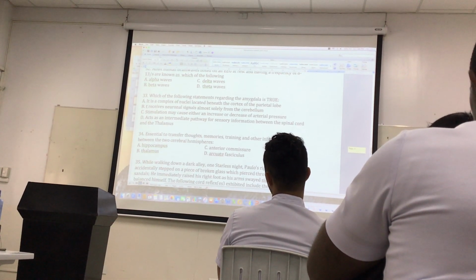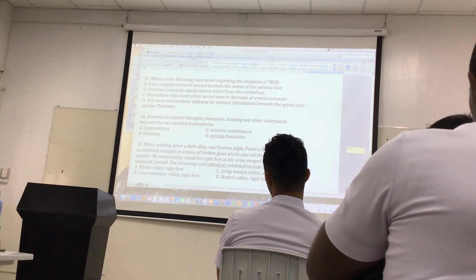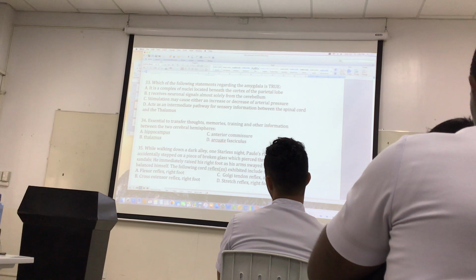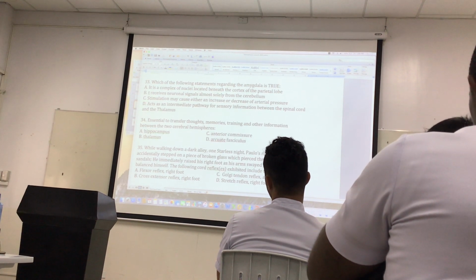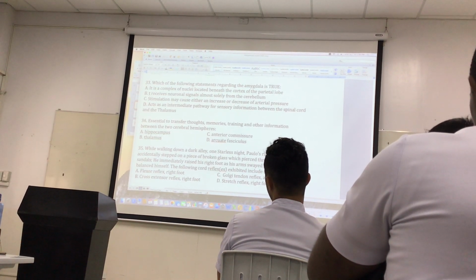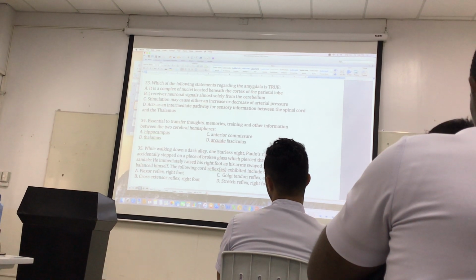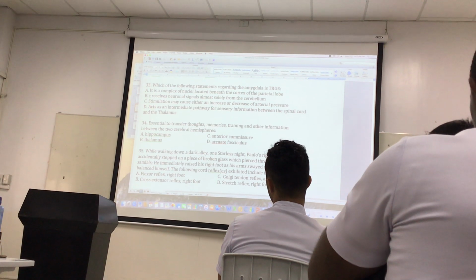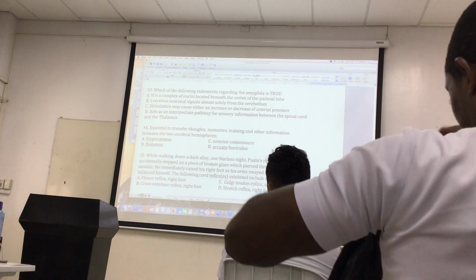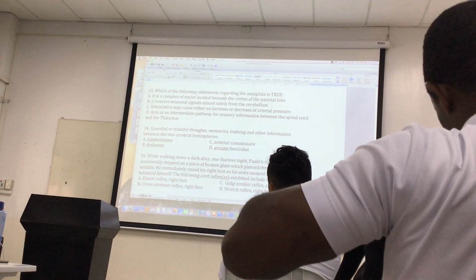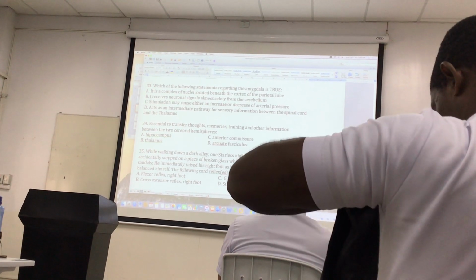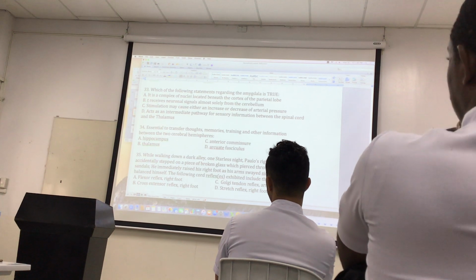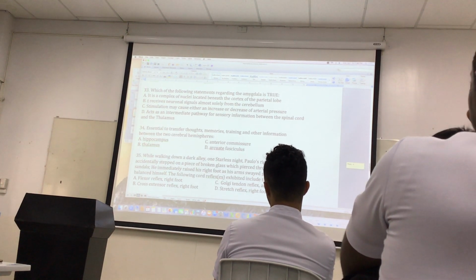Alpha waves. This one, amygdala. Which one is true? It's a complex nuclei, but it's in the temporal lobe. It does not receive only from the cerebellum. Yes, letter C. If you remember, it's associated with the hypothalamus. So, same functions with the hypothalamus.